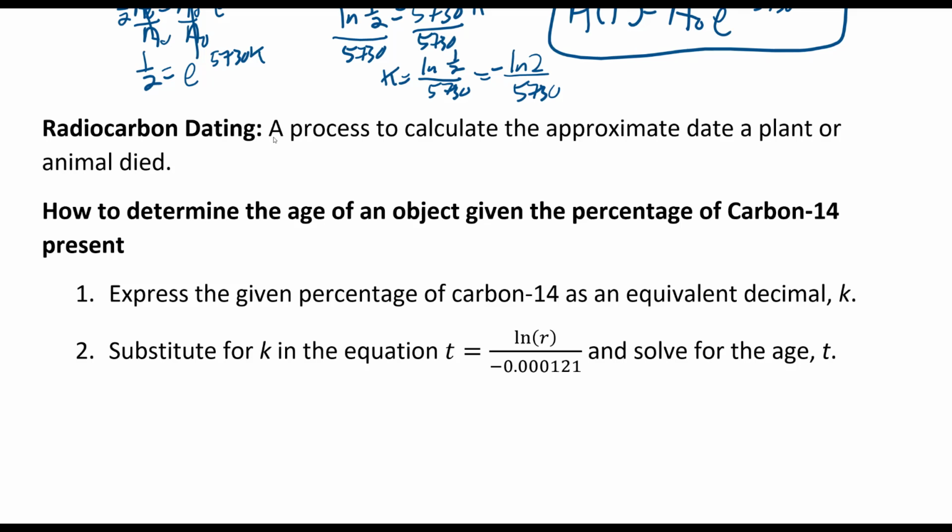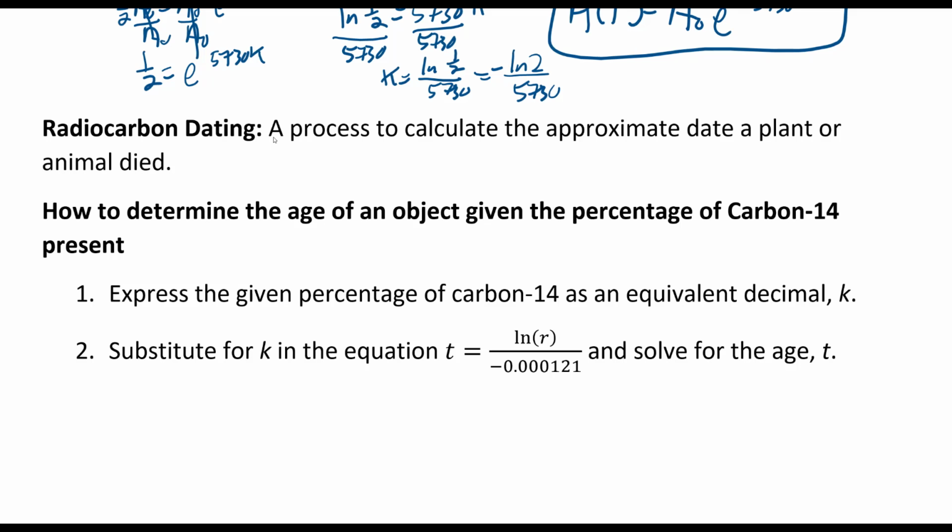So by measuring how much remains compared to what the rest of the carbon is, you can get an idea of the decay rate. Or if you know the decay rate, you can get how long it's been decaying.